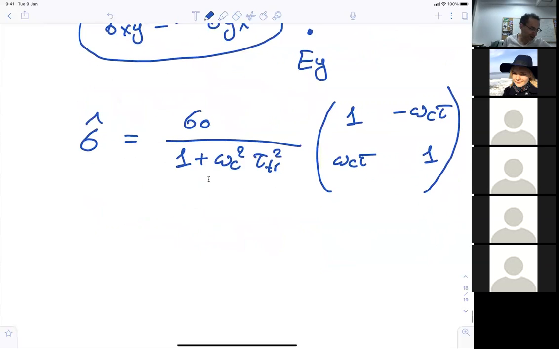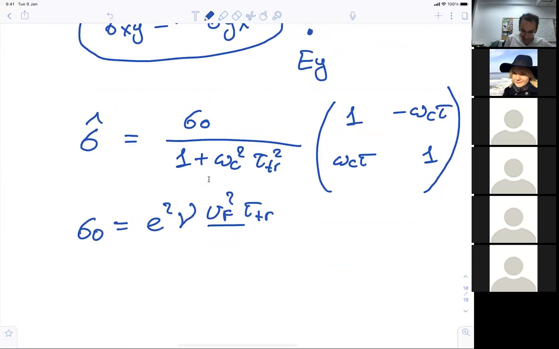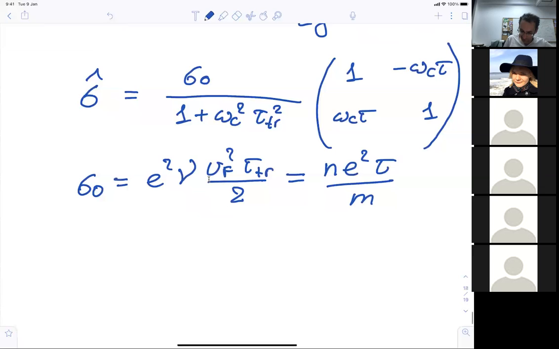This is the matrix of electric conductivity, where sigma 0 is e squared density of states v Fermi squared tau transport divided by 2. And in this model this is also equal to n e squared tau over m, where n is the density of electrons.